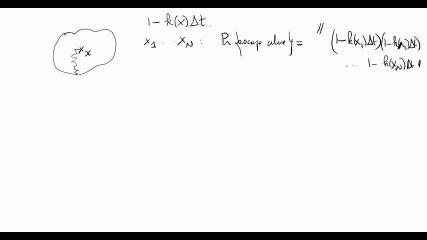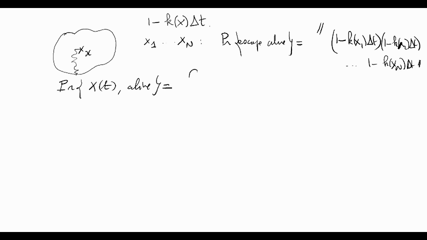To make this notion clear, we will have to use this probability density function, and in particular this probability to escape alive. First of all, we can look at the probability that the particle is alive at time t in the domain.